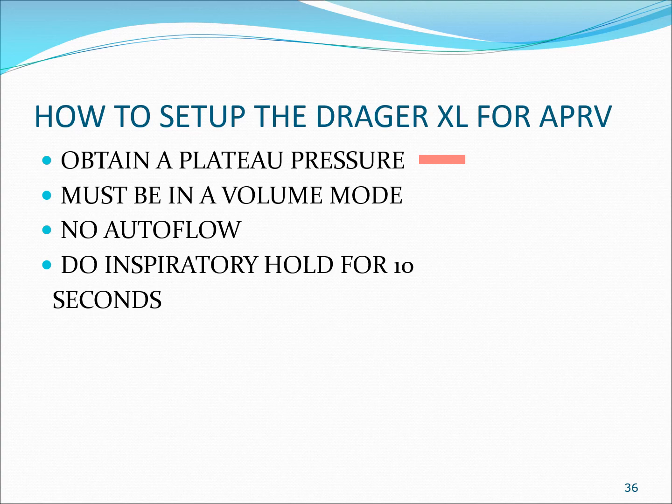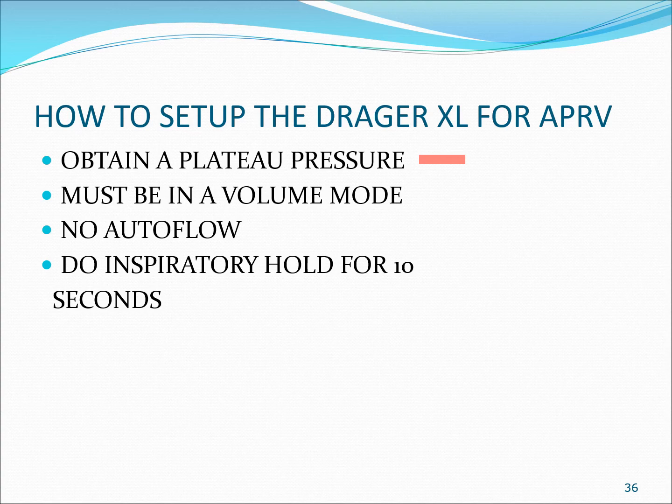When you get a plateau pressure, make sure the patient is on assist control and that you don't have any kind of auto flow or any enhancements to the flow. You really want a normal peak flow, and you really want to obtain a plateau pressure.